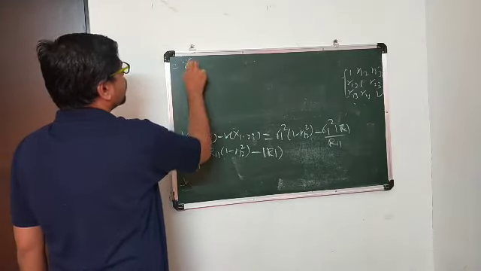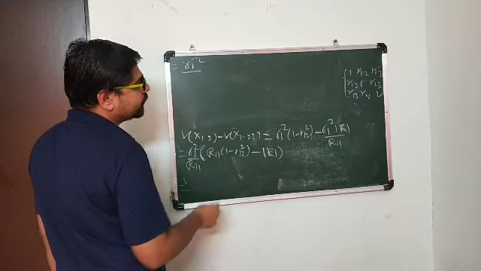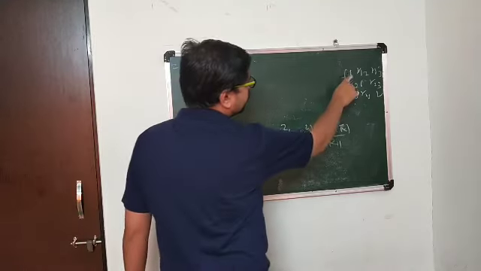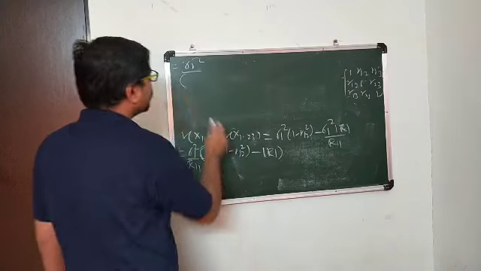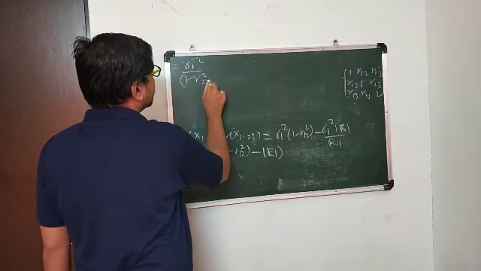Sigma 1 square. R11 is, deleting the first row and first column, 1 minus r23 square.